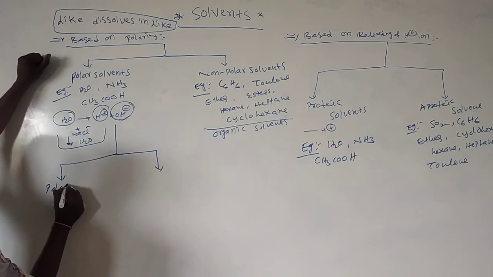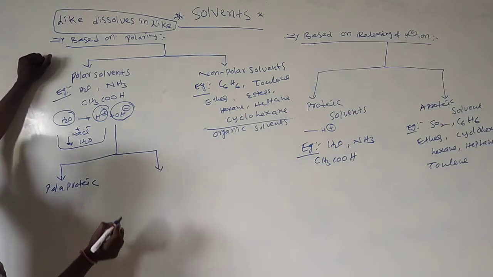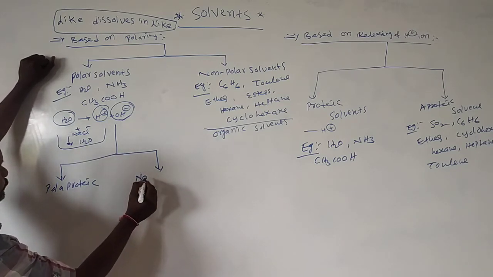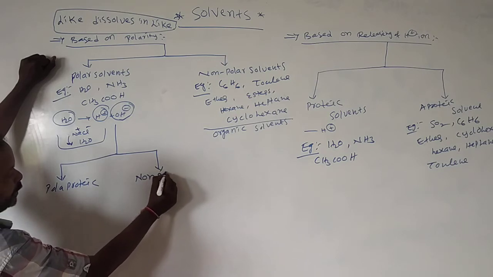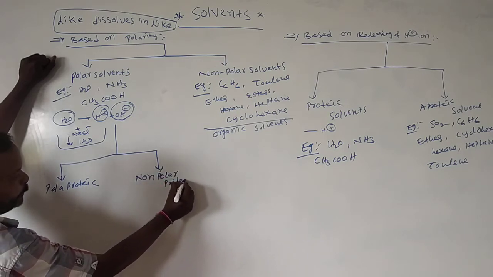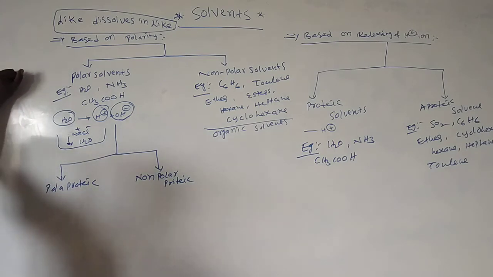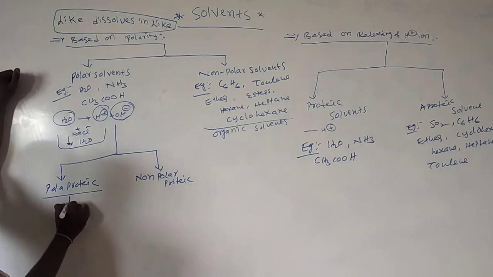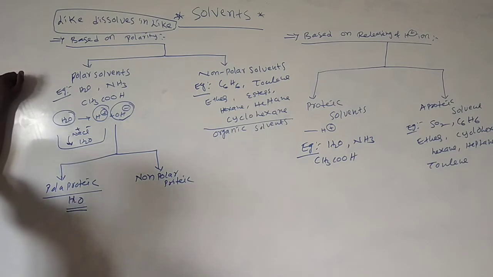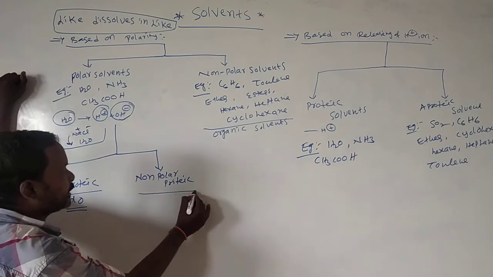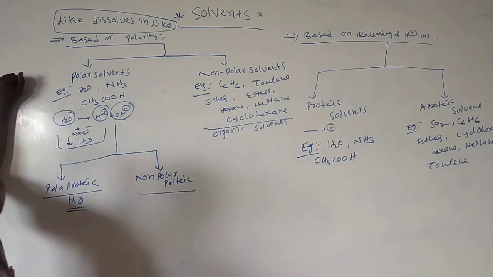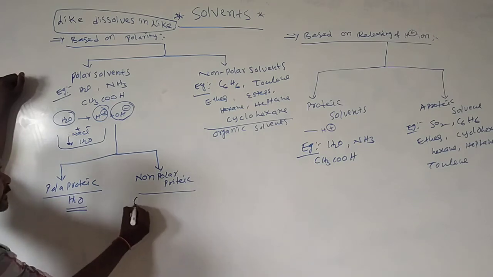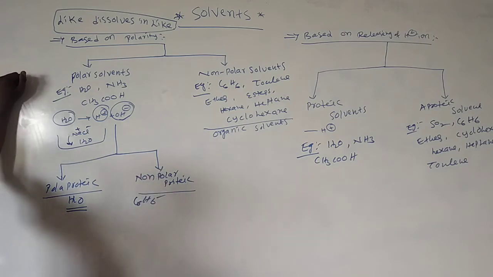Here, polar protic solvents, and non-polar protic solvents. Polar protic means water is polar protic. Non-polar protic, different types like benzene, are the best examples for this type.